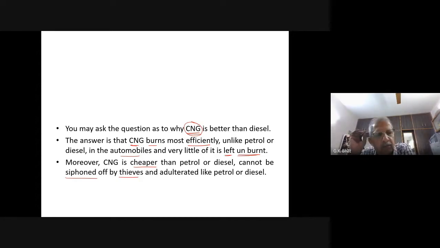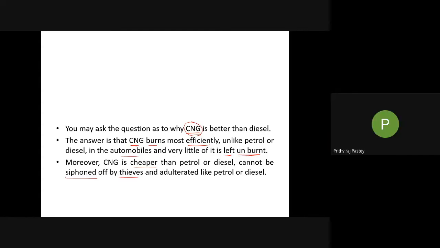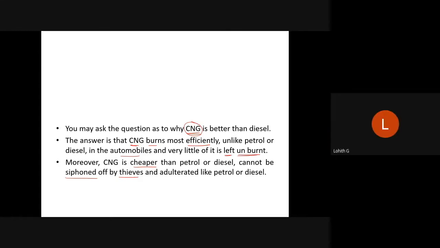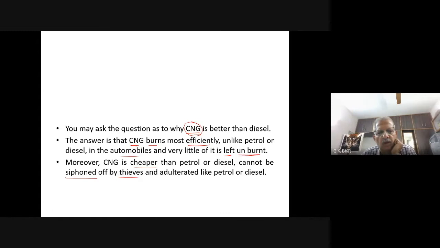Any idea? Prithviraj, have you come? Yes, sir. Prithviraj, you tell me. How is the petrol or diesel stolen in the petrol bunk? Any idea?